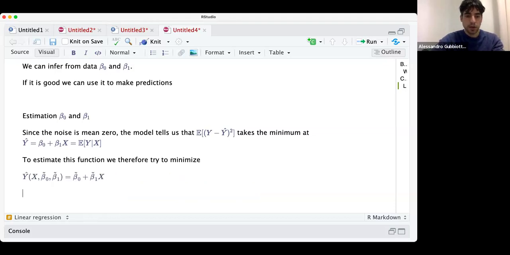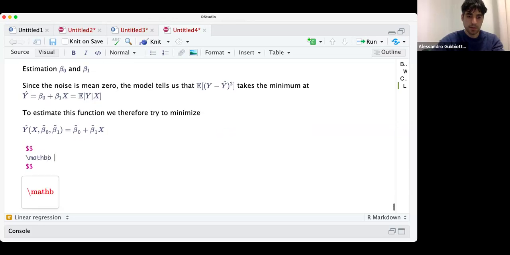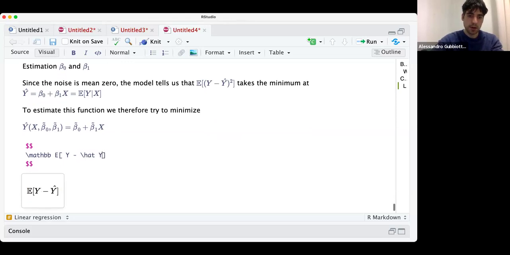We want to find tilde beta 0 and tilde beta 1 in such a way that this quantity is minimal, so that y minus y hat to the power of 2 is minimal.